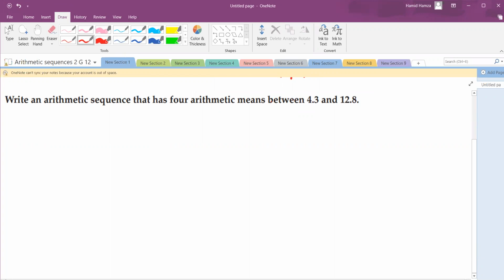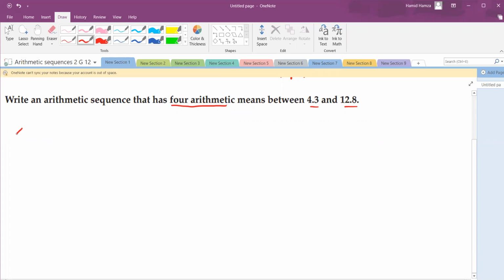That means we want to form an arithmetic sequence that starts with 4.3 and ends with 12.8. In this one, we want to insert 4 arithmetic means, or 4 terms between.